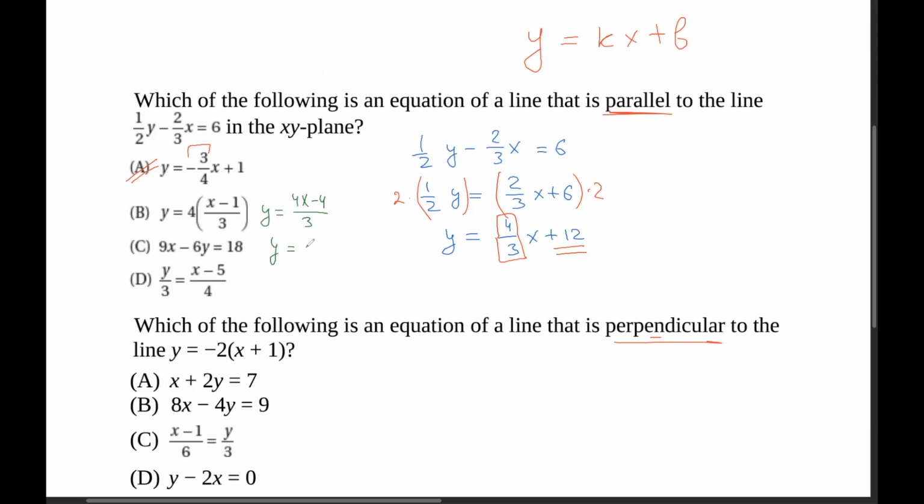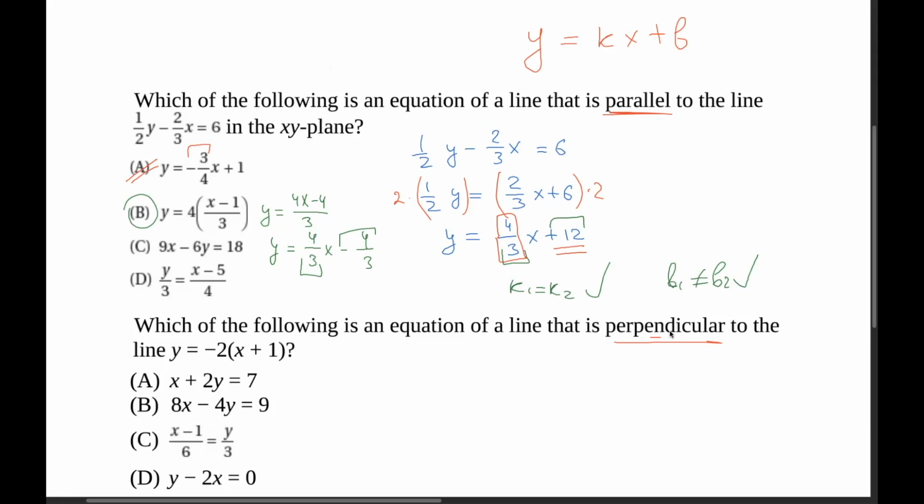If you write them separately, y is equal to 4 over 3x minus 4 over 3. Oh, well, look, the slope is 4 over 3. Slopes match. The y-intercept is minus 4 over 3, not 12. k1 is equal to k2 works. b1 is not equal to b2 also works. So it means those lines are parallel.